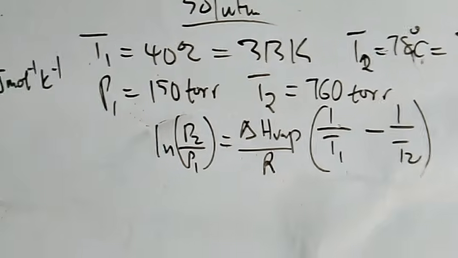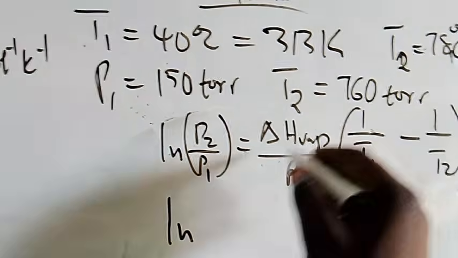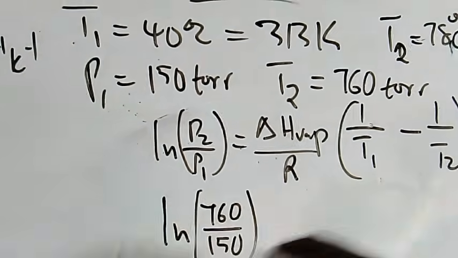So now you substitute in the equation. We have ln(760/150). We assume the units have cancelled.